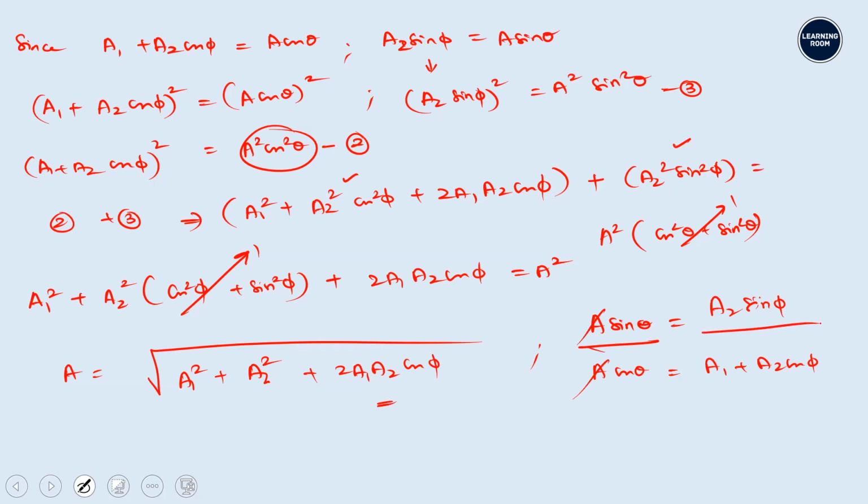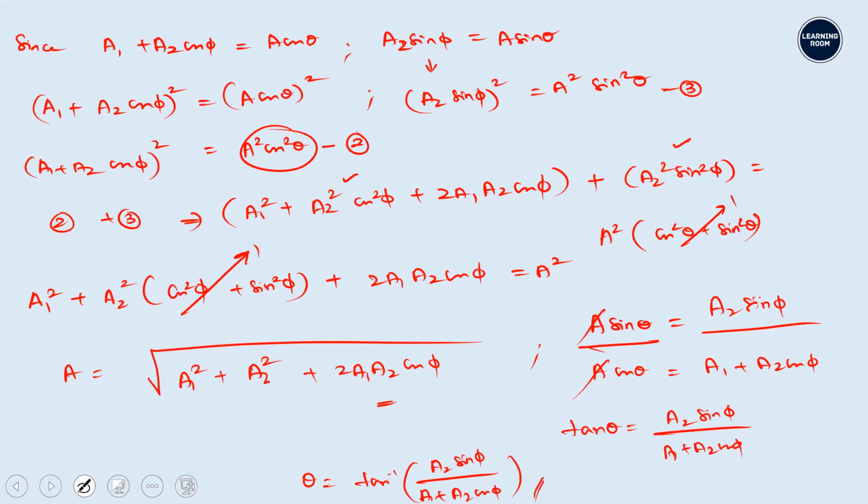So on the left hand side you have tan theta is equal to a2 sin phi divided by a1 plus a2 cos phi. So theta will be equal to tan inverse of a2 sin phi divided by a1 plus a2 cos phi. This will be the value of theta in terms of a1, a2 and phi. Clear?